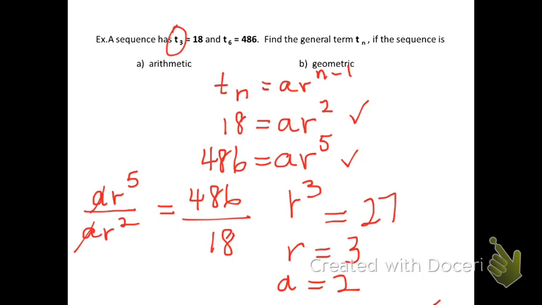And so when we go back to what our original question was, the general expression, we can just plug in these a and r values. So now in place of a here, we have 2, and in place of our r, we would have 3.